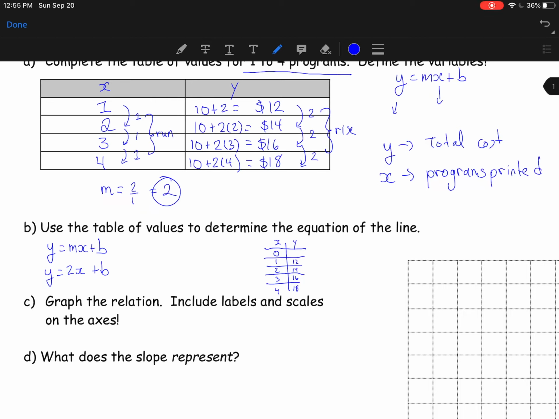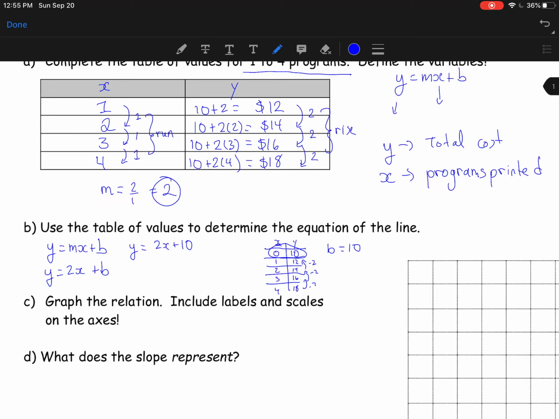We want the value when x equals 0. Since we're going up 2 every time, we can work backwards, subtracting 2 every time. That means at 0, if we didn't buy any programs, it would cost us $10. That is our y-intercept, so b has to be equal to 10, which means our equation is y equals 2x plus 10.